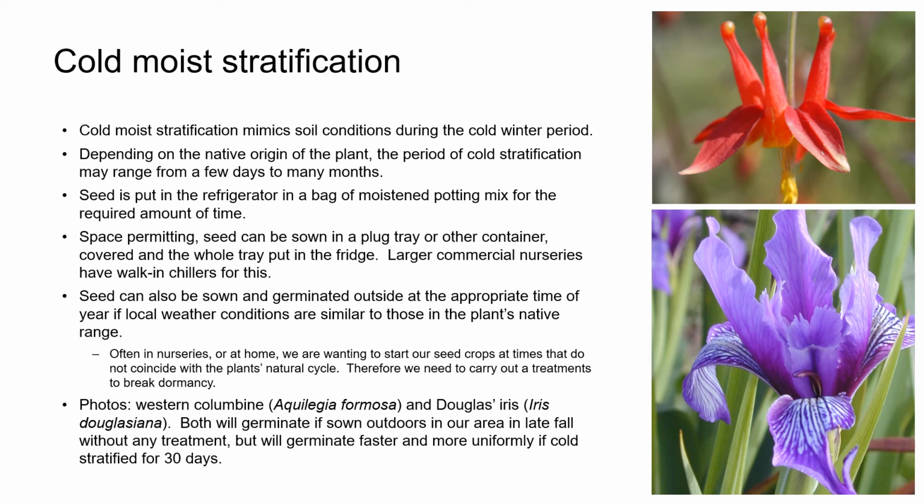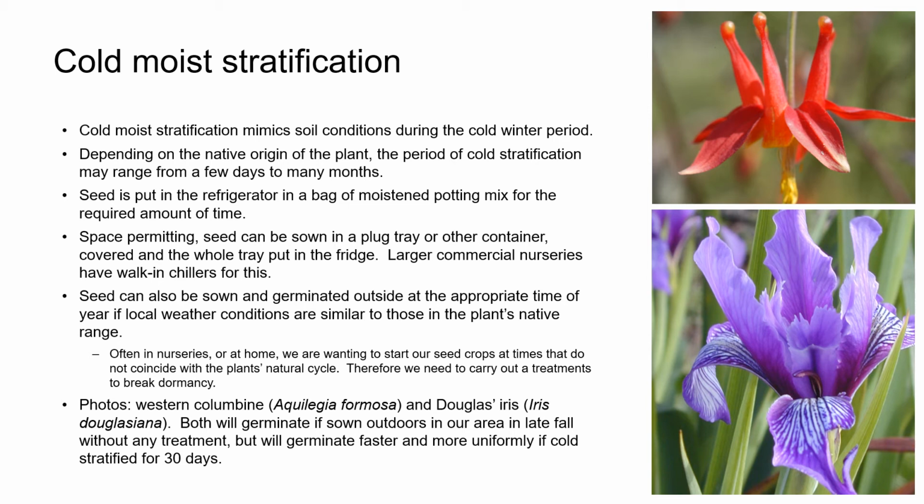Cold-moist stratification is a technique we use to mimic cold winter conditions in the wild. And depending on the native origin of the plant, the period of cold stratification may range from just a few days to many months.